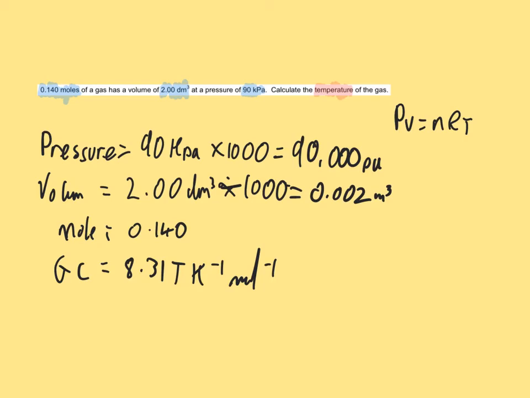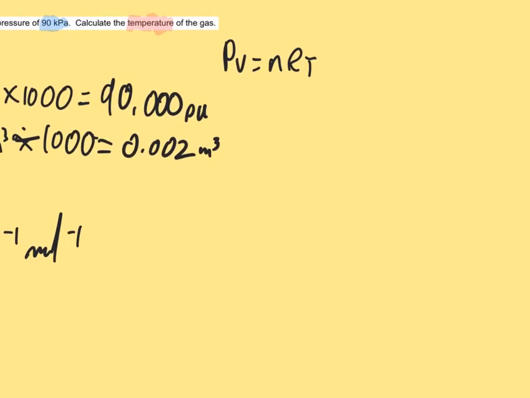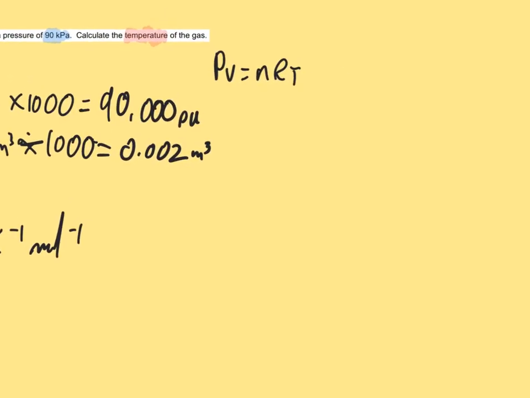And finally, our temperature, which simply is going to be our X. So now we can't use this equation like this, so we have to rearrange it. So our T is equal to PV over nR.